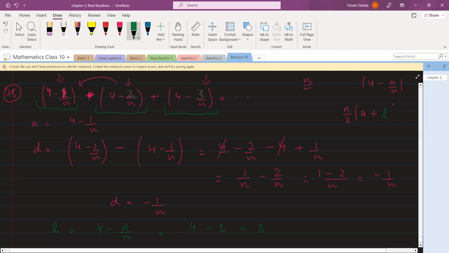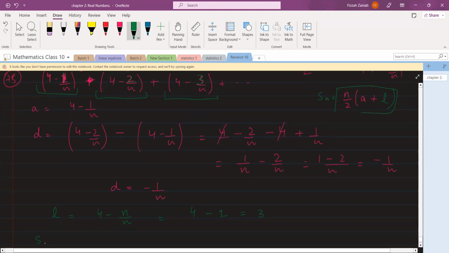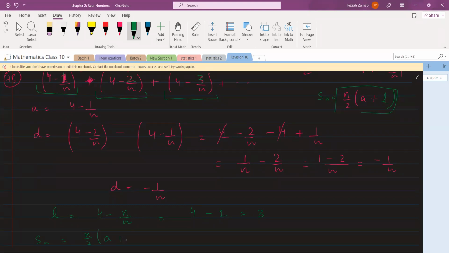So now you can directly use this formula. Sum of n terms is n by 2 times a plus l, because now you know the last term. So if you put this in the formula, the sum of n terms will be n by 2. And then you have a plus l. Is it clear? So you have n by 2.